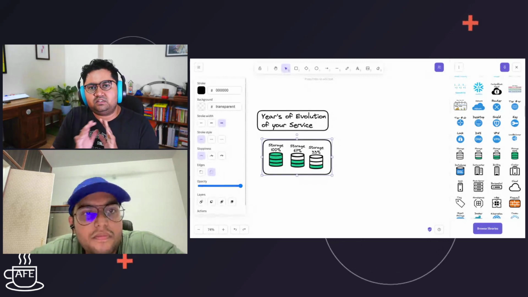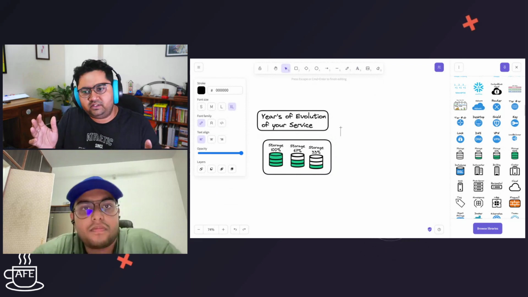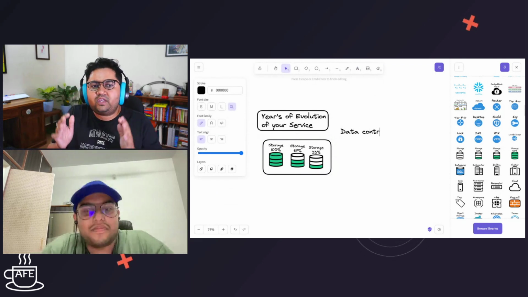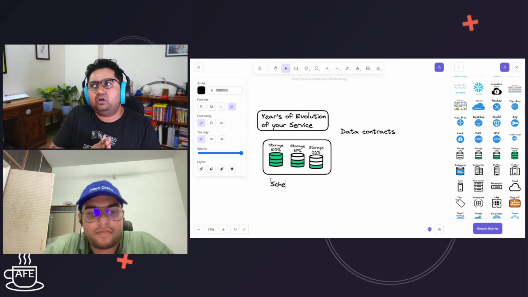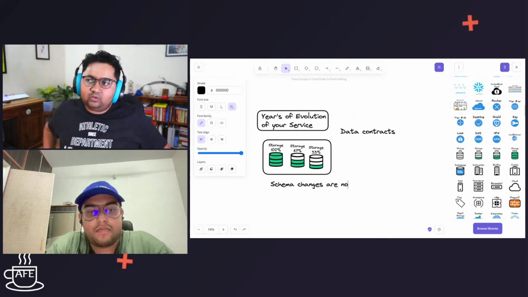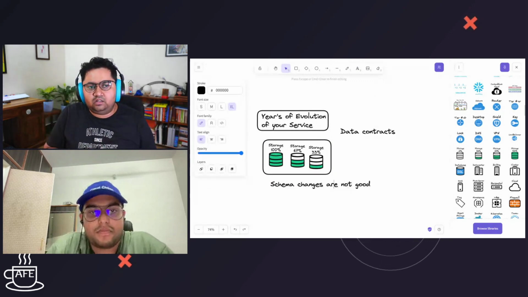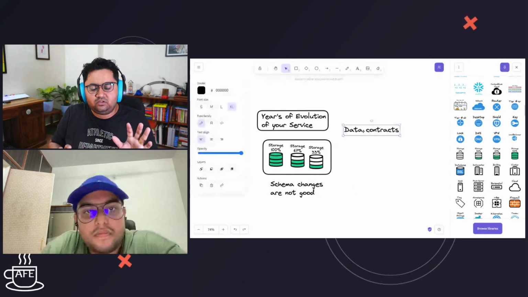Schema changes are not good. Write that down, tattoo it on yourself if you're a data engineer. If you can avoid schema changes, or let's say plan for handling schema changes, because I don't think you can avoid them, they constitute a large portion of data quality issues.